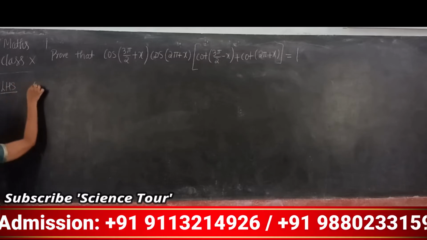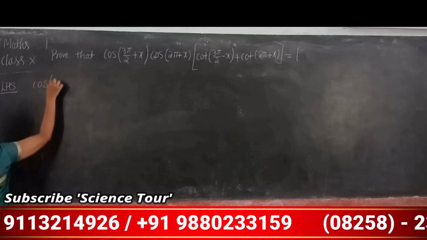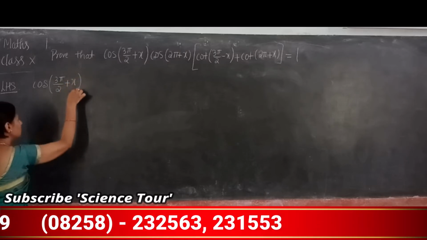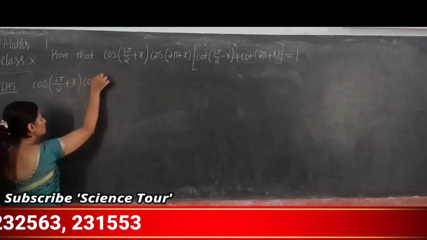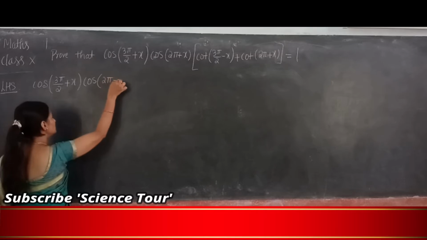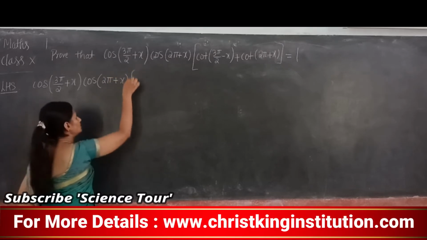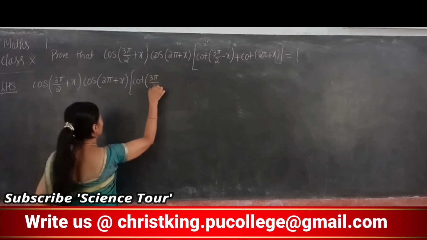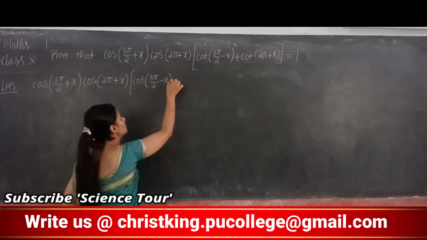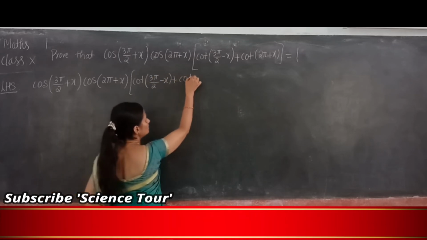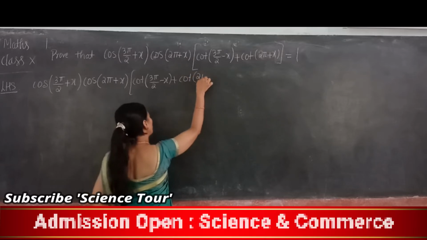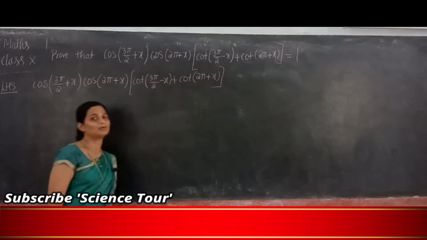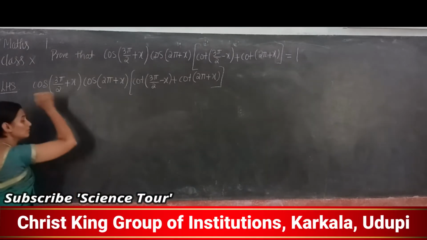LHS is cos(3π/2 + x) into cos(2π + x), next cot(3π/2 − x) plus cot(2π + x). We will simplify one by one using your allied angle concept.